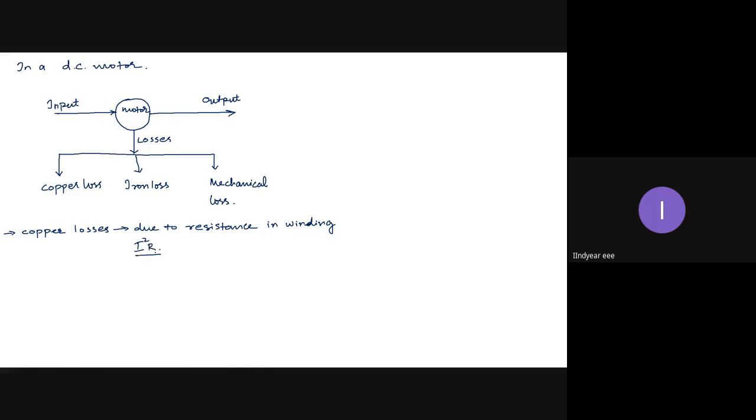Then what are iron losses? There are two types of iron losses. One is hysteresis loss. Second is eddy current loss.